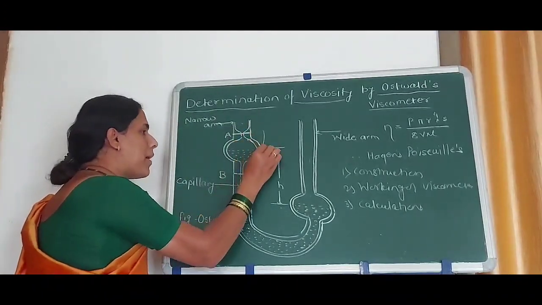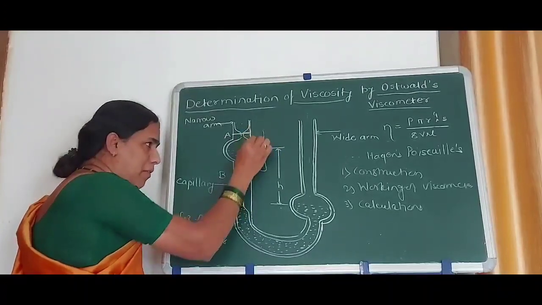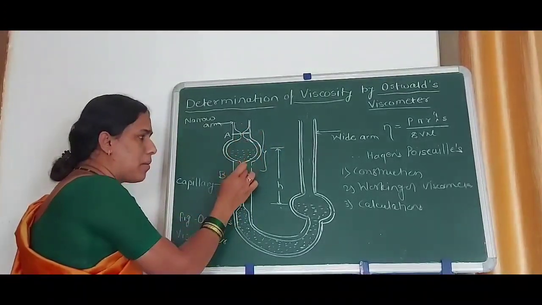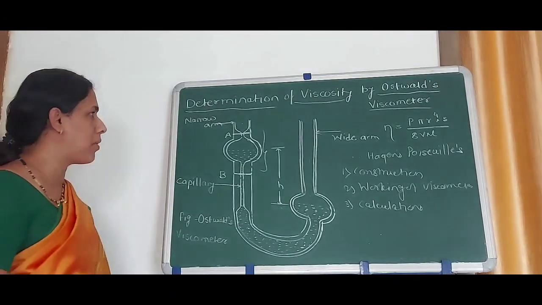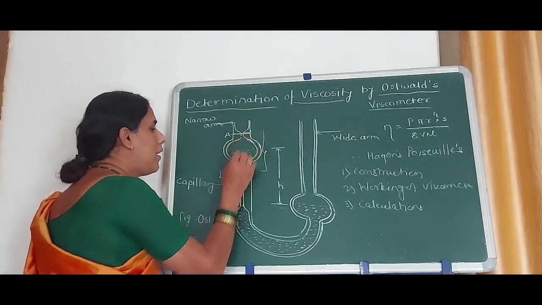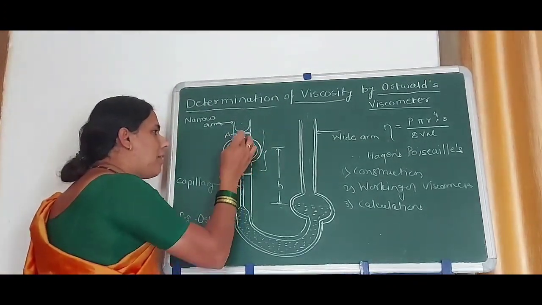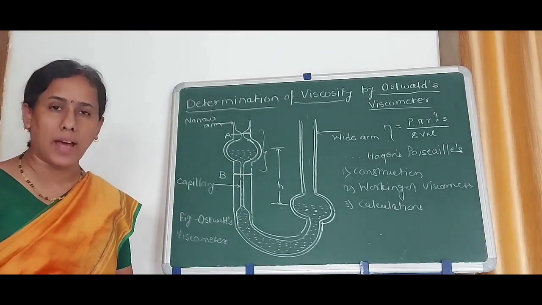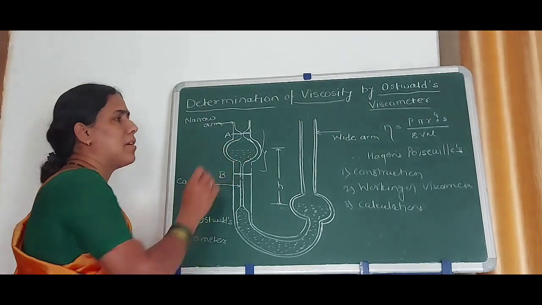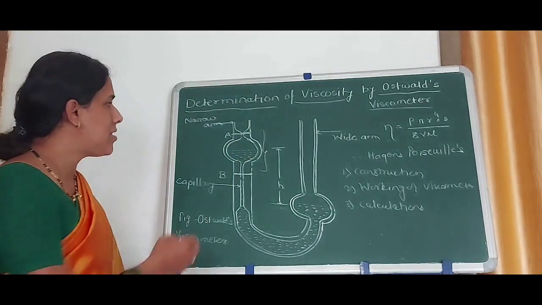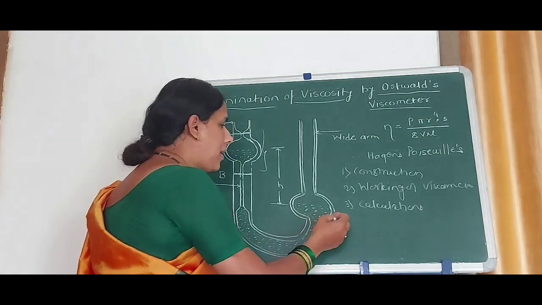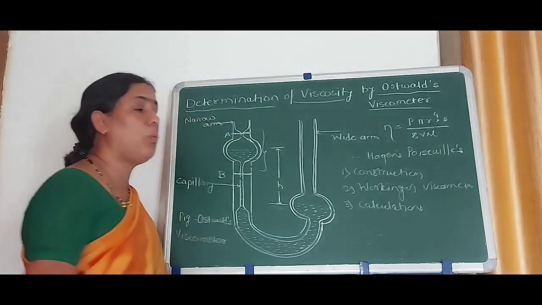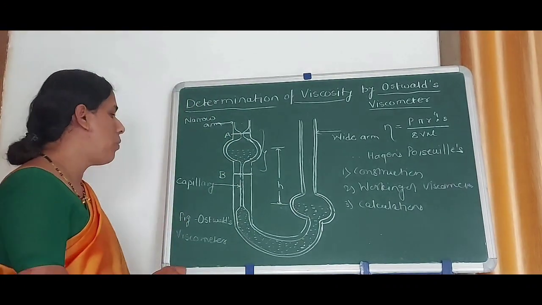We have to determine the flow of liquid through this bulb into this capillary, that is from mark A to B. Whatever time is required for this flow, we have to measure it. This is about construction.